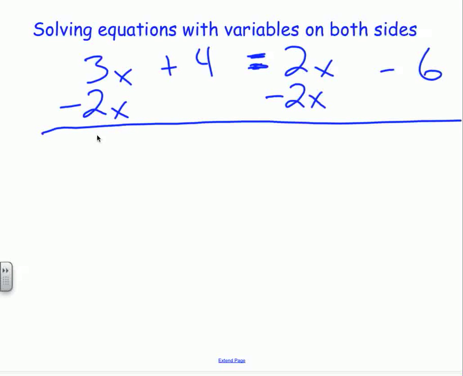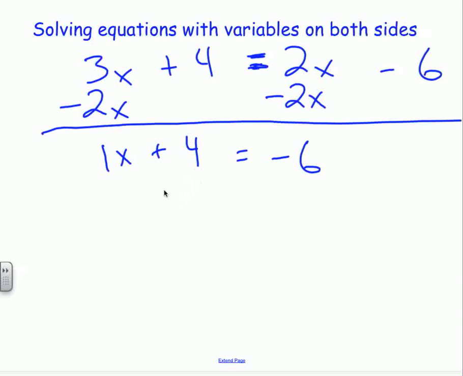And over here, I'm left with 1x. 3 minus 2 is 1, plus 4 equals, and again, this is 0, so I don't have to write that there. I'll just have the -6 come down. And now I'm left with a two-step equation. In this case, it's really a one-step equation, but normally you'd just be left with a two-step equation.